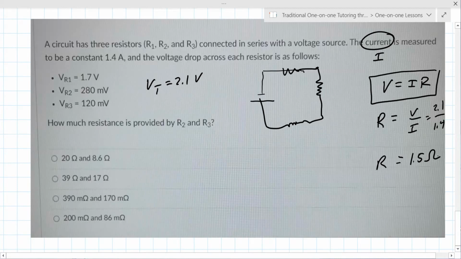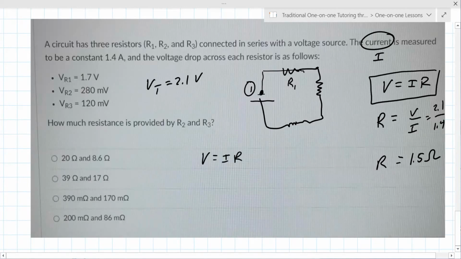And this is where it gets a little bit confusing. There's 1.5 ohms, starting here, call this position 1. And so you have to go resistor by resistor. At the first resistor, you do V equals IR again.